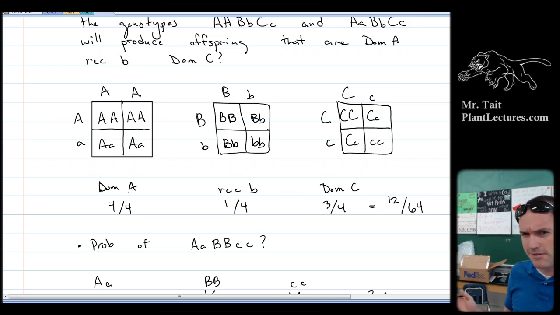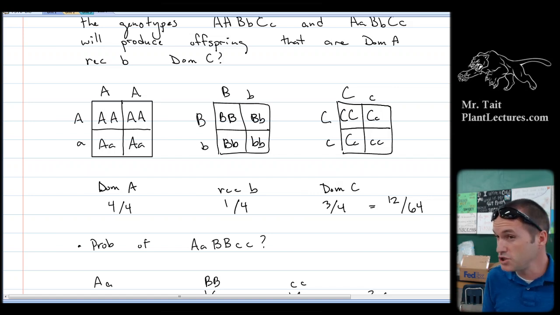If you only have 64 offspring that you're studying and you're only off by 3 from your probability, there's a very good chance that that is the result of random chance, right? If you flip a coin 10 times, sometimes you'll get 10 heads in a row. That may or may not mean that the coin is unfair. If you flip a coin 2 times and you get 2 heads in a row, can you tell anything from that? No.